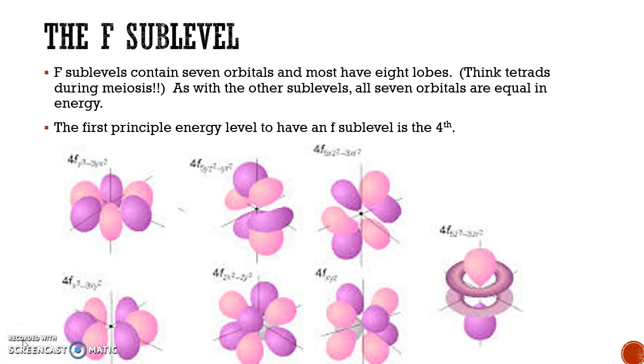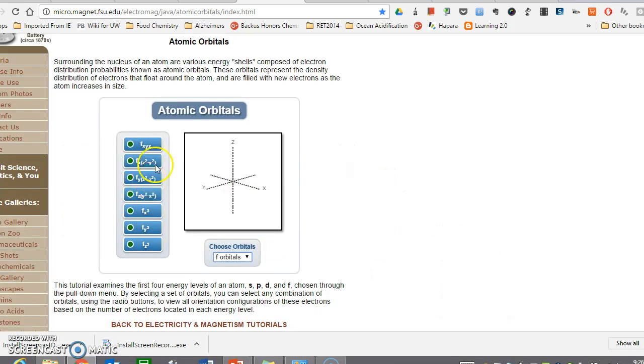So let's see what happens if I put them all together. Because remember, if this is the nucleus, they are not side by side. They're actually all superimposed on each other. What does that look like? Here's that program again. Here are the individual orbitals, and I think you can see the lobes here. There are 8 lobes for most of these. 1, 2, 3, 4, 5, 6, 7, 8.